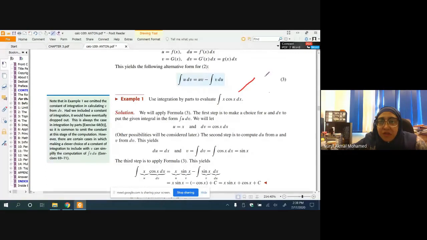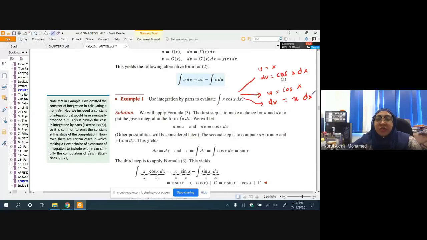If you choose u equal to x, then your dv will be cos x dx. The other choice is if you choose u equal to cos x, then your dv will be x dx. So these two are the choices for you to solve using integration by parts.